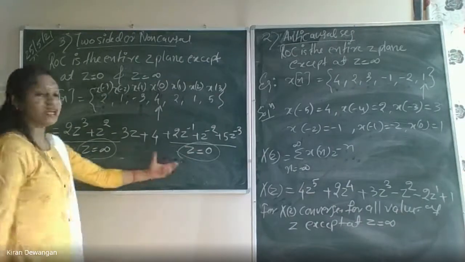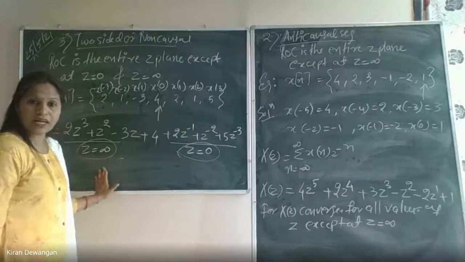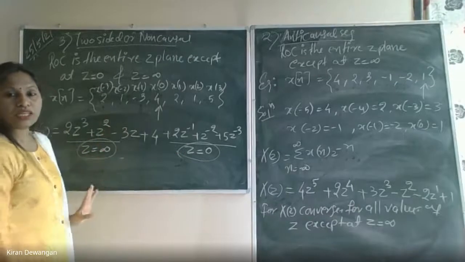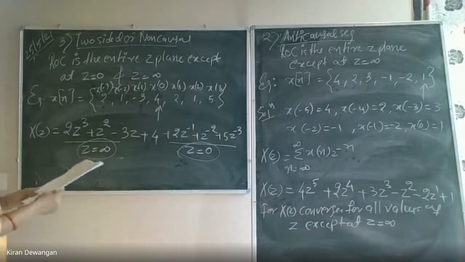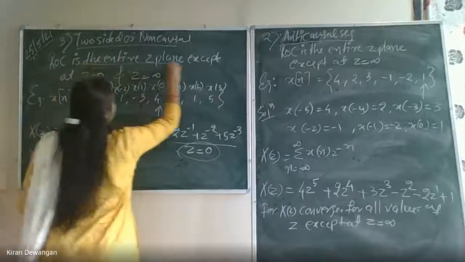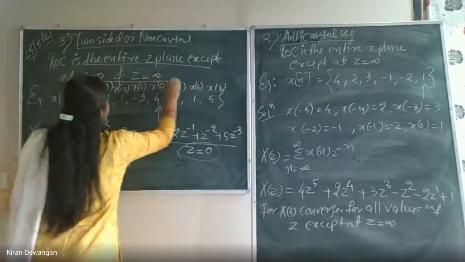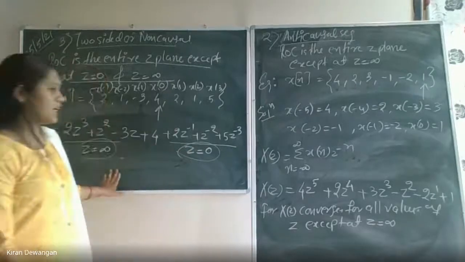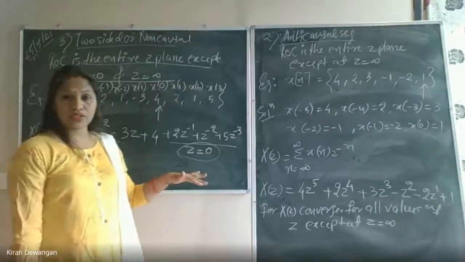For these two cases only, the entire z plane will be the ROC for two-sided sequence. ROC is, as we have written, the entire z plane except at z equals to 0 and z equals to infinity. So this was all about the ROC for finite duration sequences.